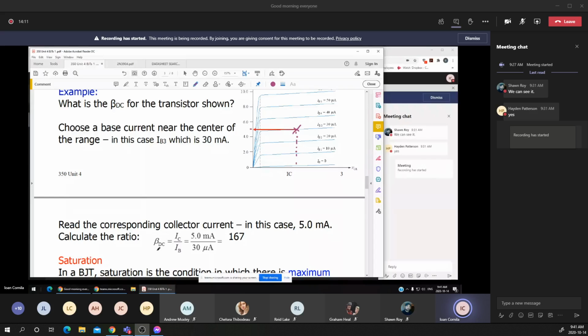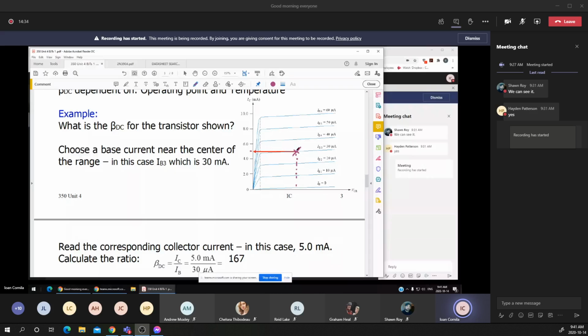Most of the time, the beta DC is given, which means that we have to find the IB, or find the IC. Knowing or given the beta of the transistor and the IC, we can determine IB, or the reverse way: knowing the IB and the beta DC, we can determine the IC.